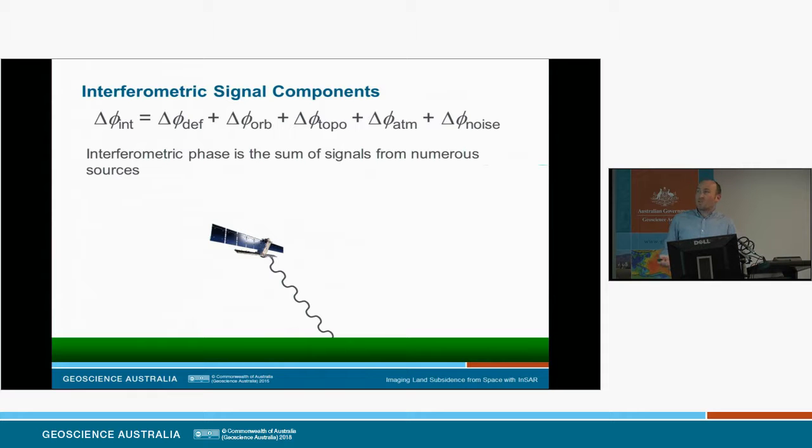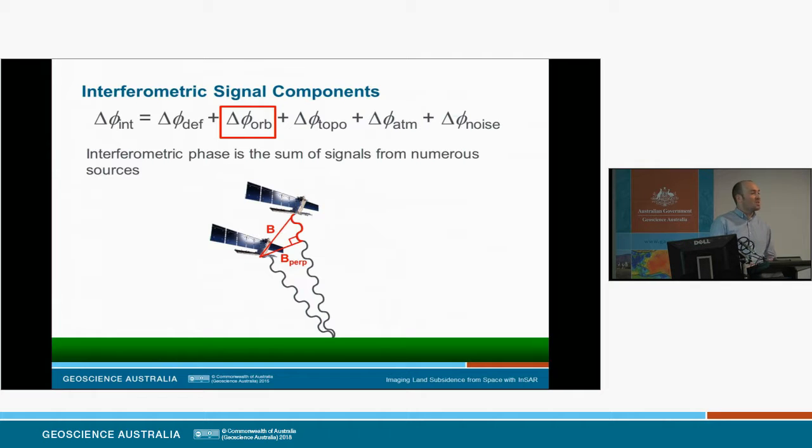One of the signal components arises from the changes in orbit of the two satellites between the two times of the SAR acquisition. So the satellite never returns to exactly the same point in space. There is a spatial baseline between the two times. And during the processing, we do take that into account using models of the orbit information of the satellite.